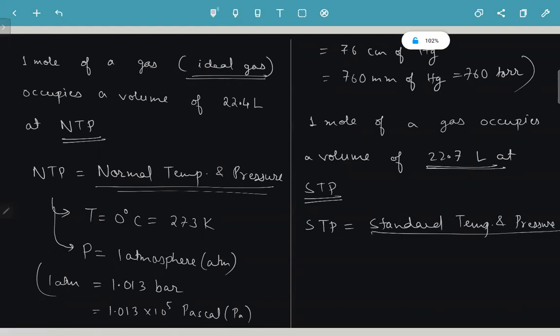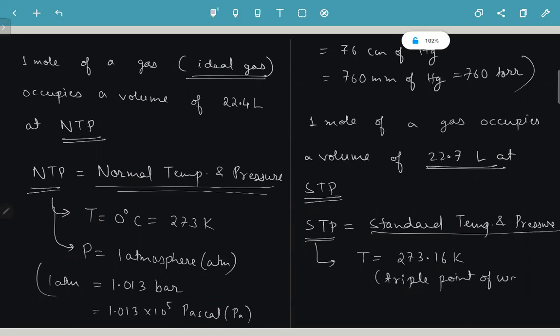STP stands for standard temperature and pressure. Okay. At STP, temperature is slightly more than 0 degrees Celsius. It is 273.16 Kelvin. This temperature is called the triple point of water.